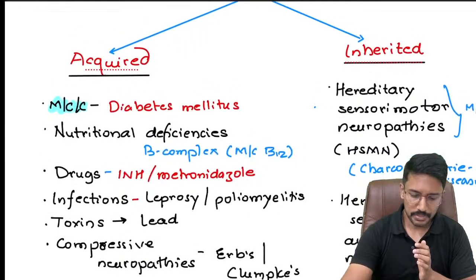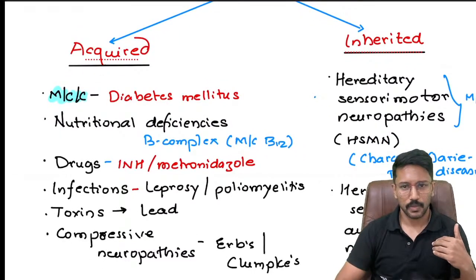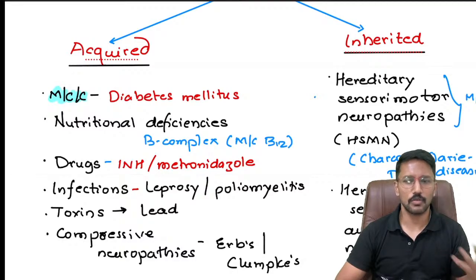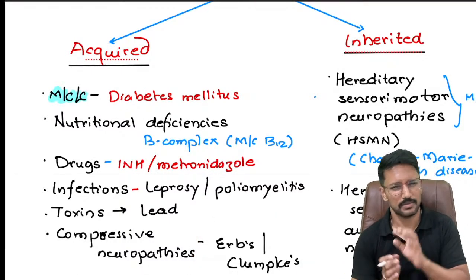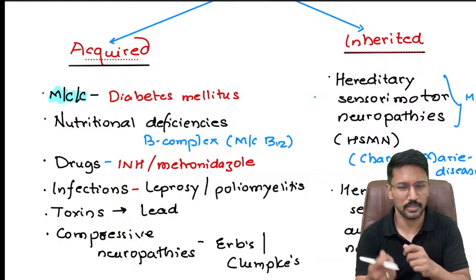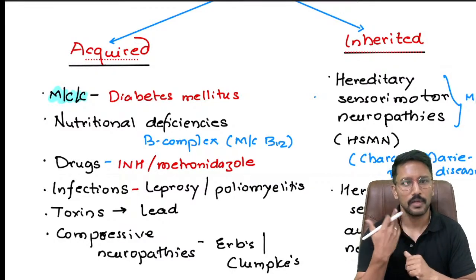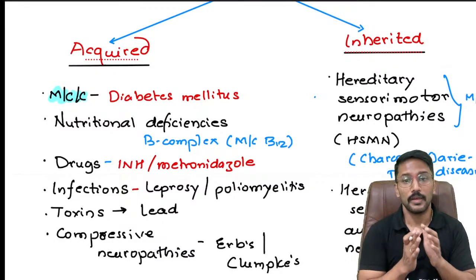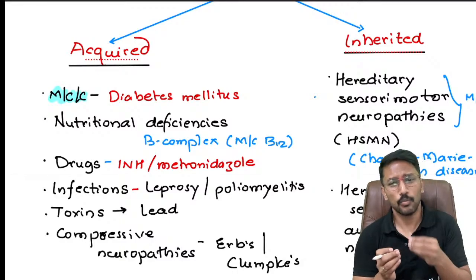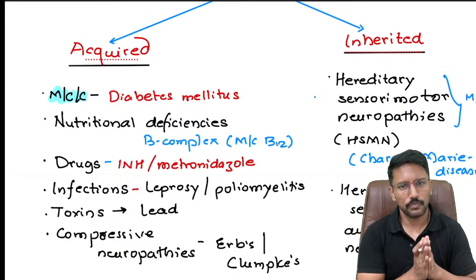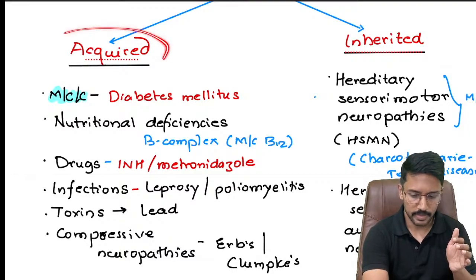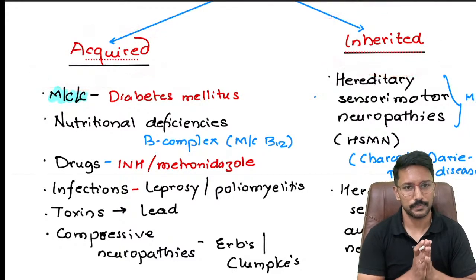Okay. Now my question is, if I get a patient with neuropathy, if it is mononeuropathy, most commonly mononeuropathies are caused by compressions or some localized infections, or surgical trauma during surgeries, like the recurrent laryngeal nerve being damaged. But when I have mononeuritis multiplex or polyneuropathies, how will I get to know whether this particular patient has an acquired cause or inherited cause?